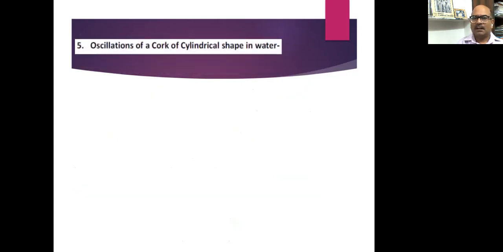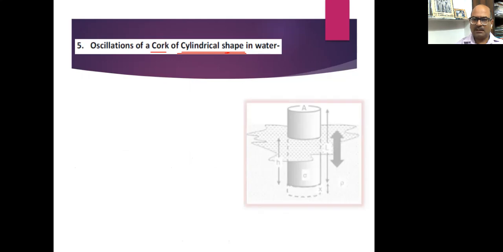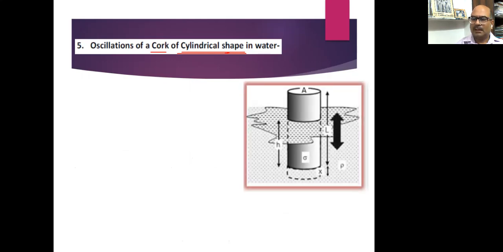Further, if we put one cork of cylindrical shape, we can put any shape, but right now we are taking a cylindrical shape in water like this. So this is the water, and this is a cylindrical cork having area A with some density sigma, but the density of the liquid is rho.